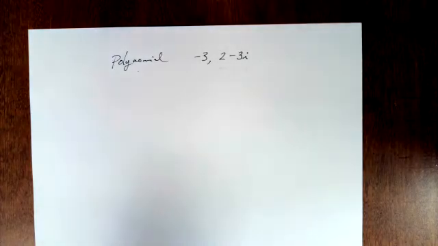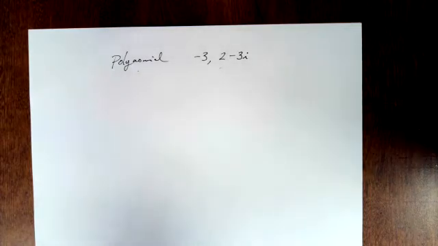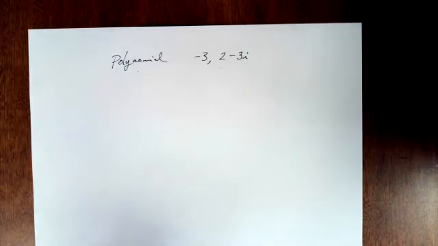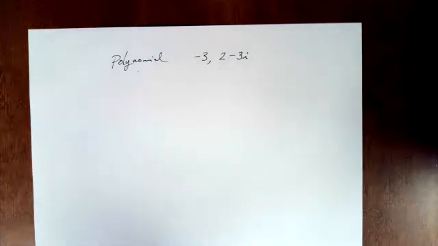Now, by the way, there are different ways of doing this problem. One thing is, what is another root to this? Does anybody know? Just because I have a complex root, does anybody know what the other root might be? Positive, so 2 plus 3i. Or the conjugate.